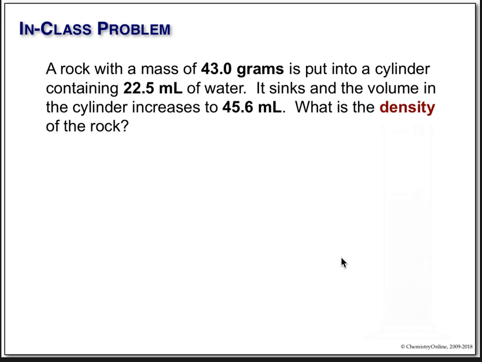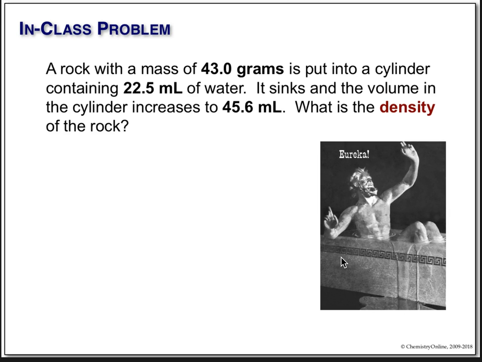Now, this is basically the experiment that Archimedes did. And he said, Eureka. You know the Archimedes story. Well, he was a Greek scientist sort of guy. The king had been given a crown, and it was supposed to be solid gold.